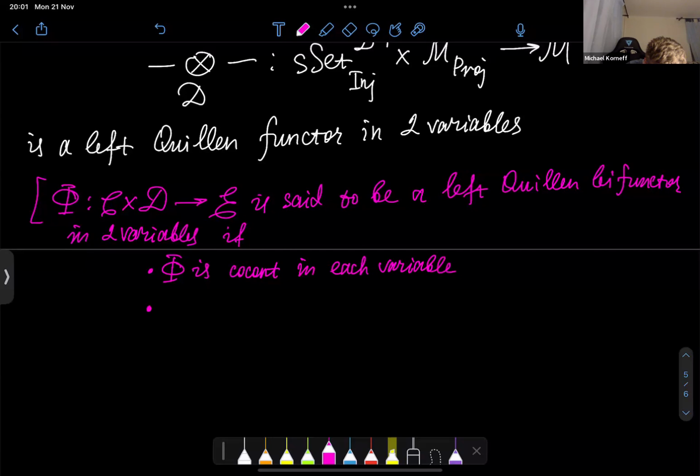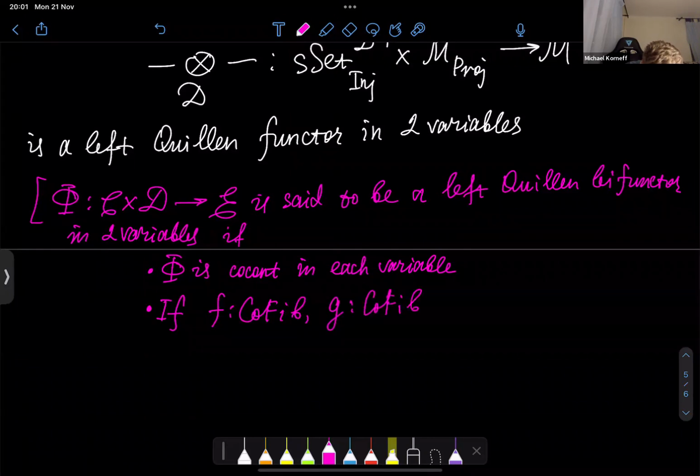The second one is that if f is a cofibration and also g is a cofibration, then the tensor product, which was defined in the previous talk, is a cofibration.